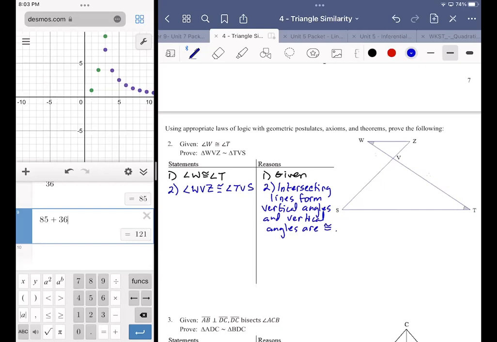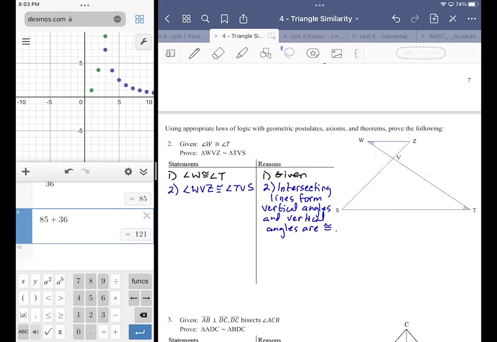I think previously we were saying two lines form a vertical angle, but it is very important that those two lines be intersecting one another. So it makes sense to say that they have to be crossing in some capacity. They form vertical angles, and vertical angles are congruent.